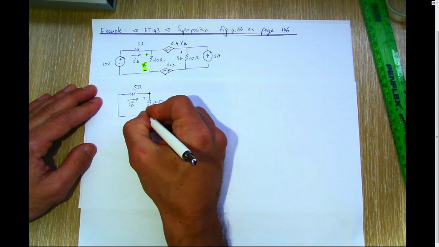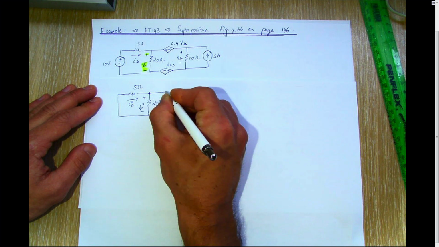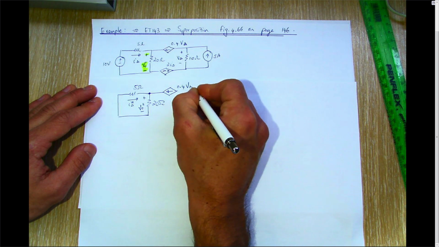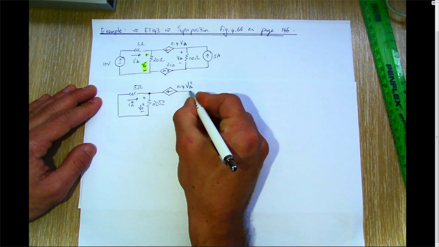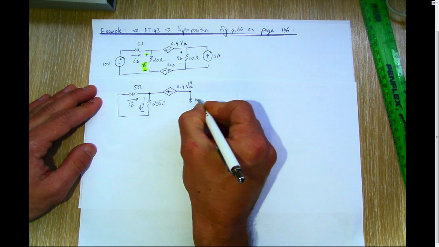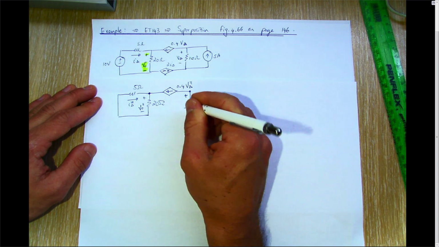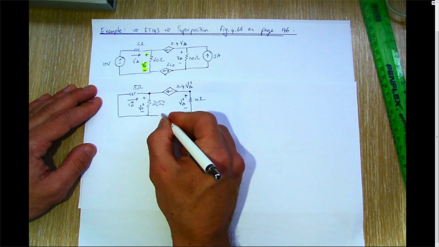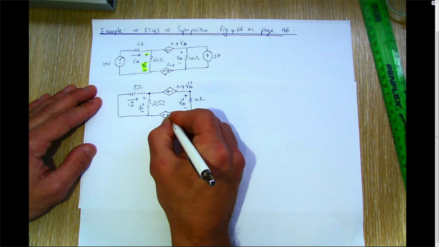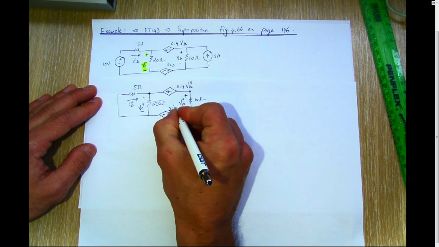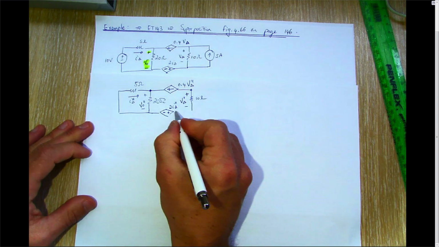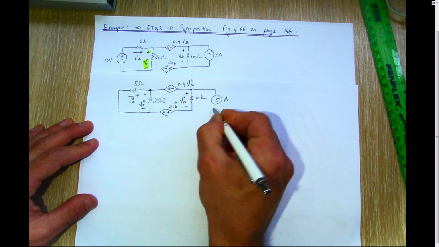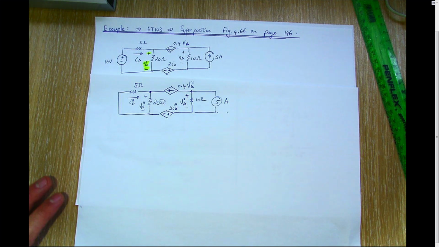That's plus minus V0 double prime, 0.4 V delta double prime, 10 ohm plus minus V delta double prime, minus plus 2I delta double prime. Okay, and I have my 5 ampere source. Okay, now you guys can analyze.